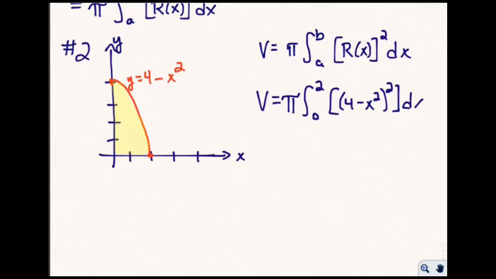Now we need to multiply out the stuff in the parentheses. So we end up with the integral of 16 minus 8x squared plus x to the fourth dx.